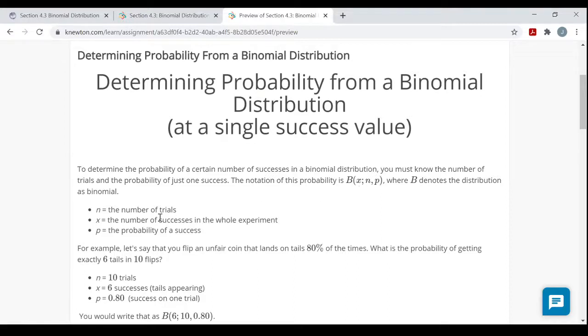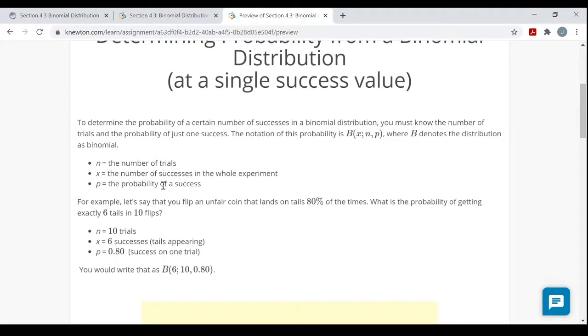X is the number of successes in the whole experiment, and then a semicolon, and then the number of trials, comma, the probability of success on one trial, p, in each trial, where b denotes the distribution as binomial. And then again, I told you what the letters meant.